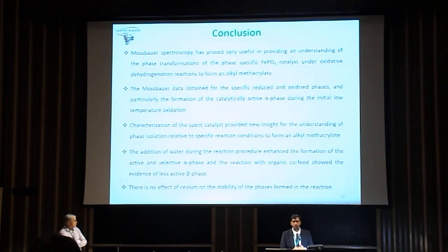The addition of water during these transformations gave a new phase, the alpha phase, which is a catalytically active phase, and removing this water leads back to the formation of the beta phase. Unfortunately, there is no effect of cesium on these reduction or reoxidation pathways, but in future we will investigate with silver and sodium.